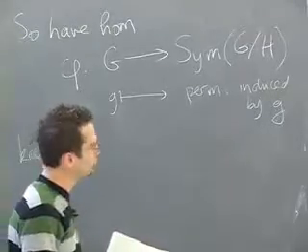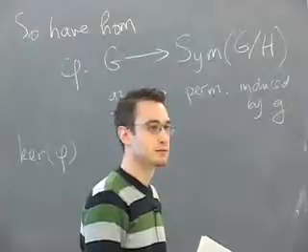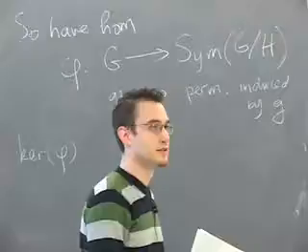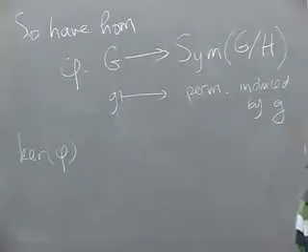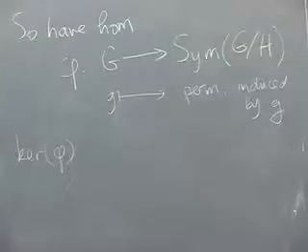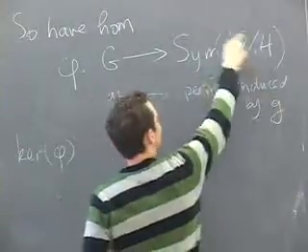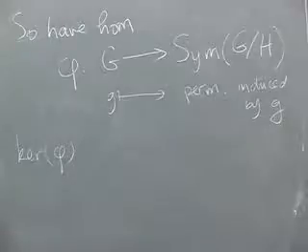So, can the kernel possibly be all of G? Well, consider what's happening here. We have G acting on G mod H by left translation. Now, H is some proper subgroup, so H isn't all of G. We know that if something is going to act trivially on the coset space G mod H, then it had better be in H, right?